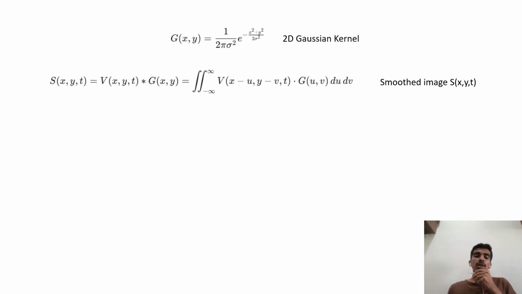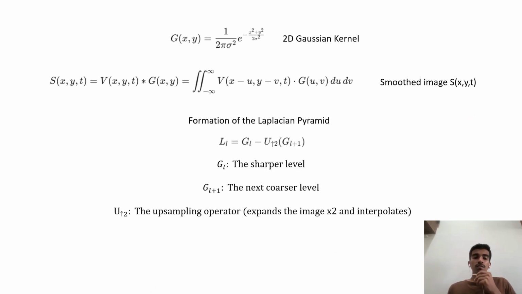Now to build the Laplacian pyramid, we consider the GL layer and upscale the next level to the size of GL so that we can subtract them, getting only the frequencies which we want. If we subtract the blurry version from the sharper version, we're left with only the details that were lost during the blurring. And this difference is our Laplacian layer.